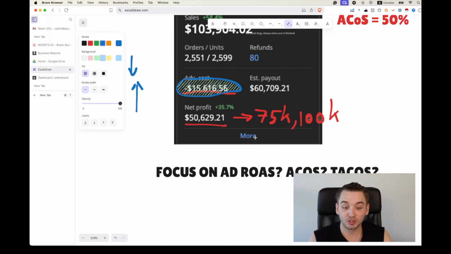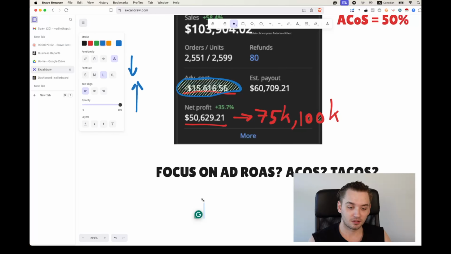So again, what are we focusing on to maximize the profit? We are focusing on the TACOS. The higher the TACOS, the higher the overall ceiling of sales potential, and the more profit you can make. Again, it is important to know that this scenario only works for high margin products.